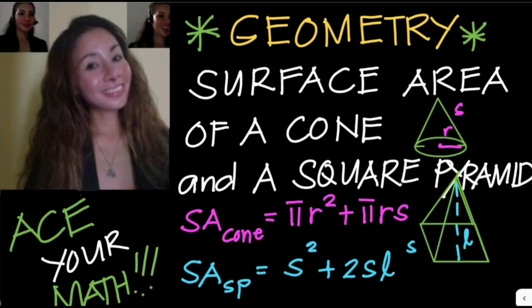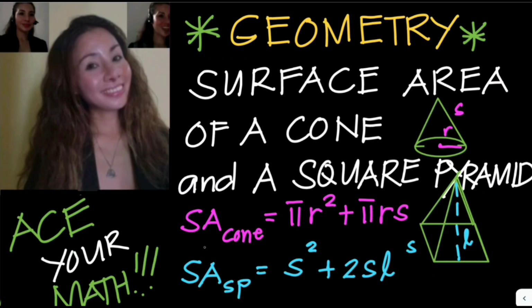In this video, you will learn how to solve different problems in finding surface areas of a cone and a square pyramid. So basically, in solving surface areas, you just need to solve for the base area and the lateral surface area.